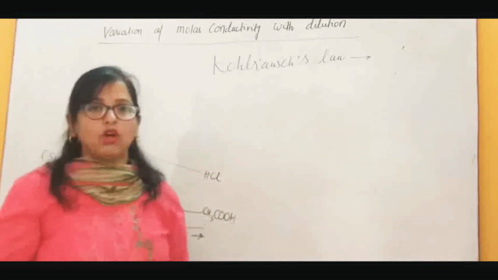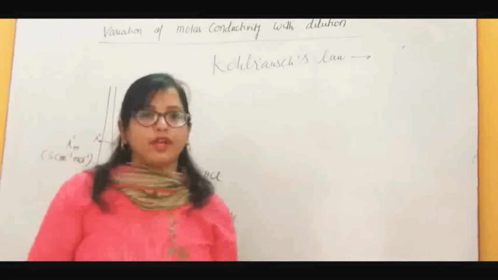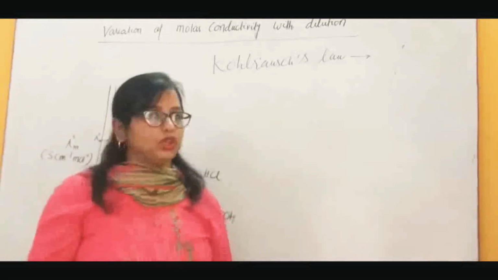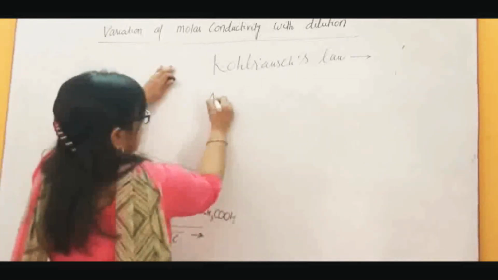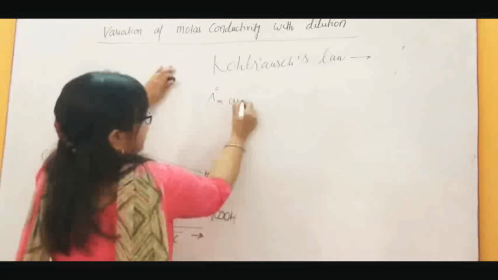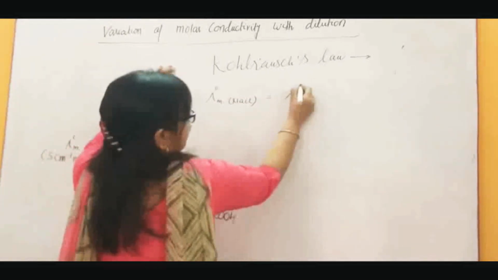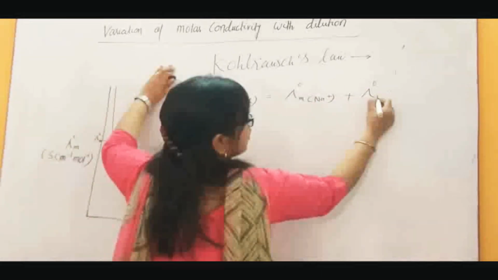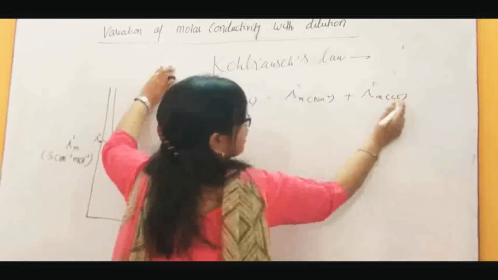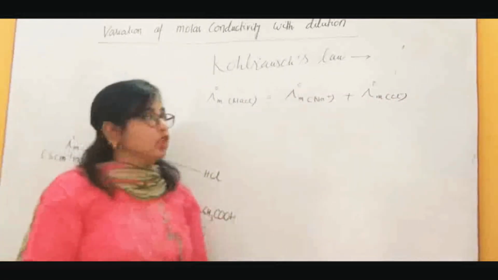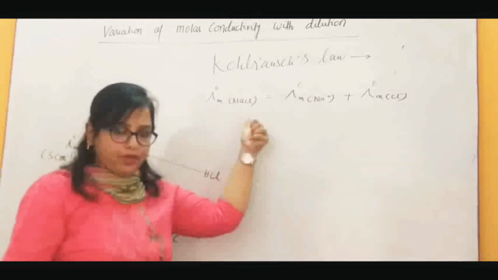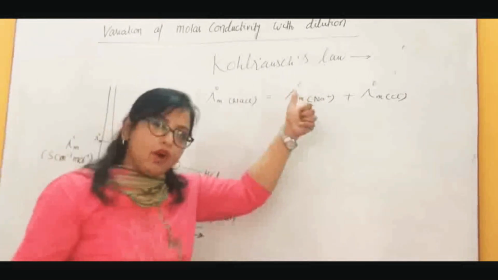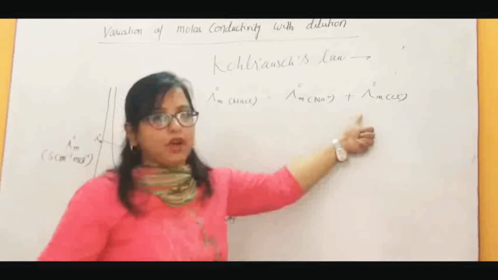According to Kohlrausch's law, the limiting molar conductivity of any electrolyte is equal to the sum of the contributions of the ions present in its solution. Like in the case of NaCl, the limiting molar conductivity is the sum of the limiting molar conductivity of the cation and the limiting molar conductivity of the anion. So the limiting molar conductivity for any electrolyte is equal to the sum of the limiting molar conductivity of the cation and the limiting molar conductivity of the anion.